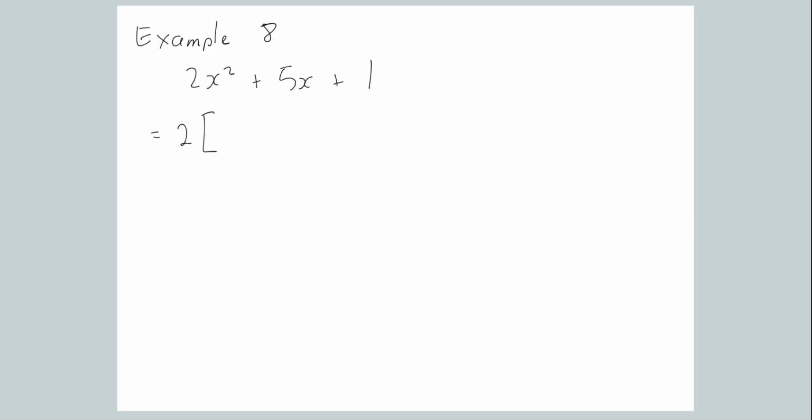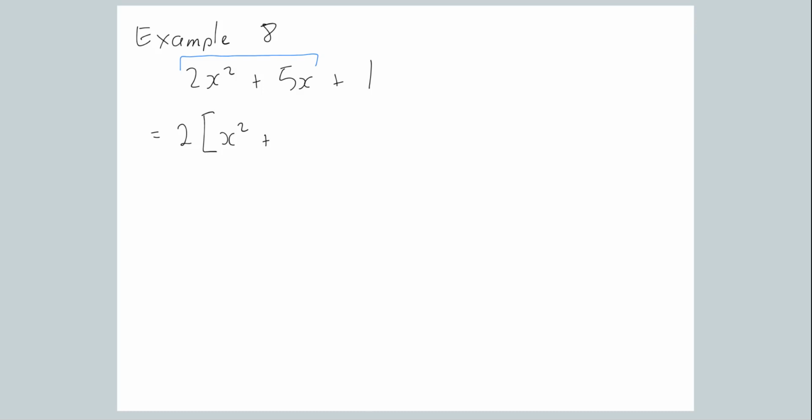Now I'm going to figure out what it will look like inside these 2 terms, remembering that these are the 2 critical terms for completing the square. So 2 times x squared, what is it? 2 times 2.5 would work.